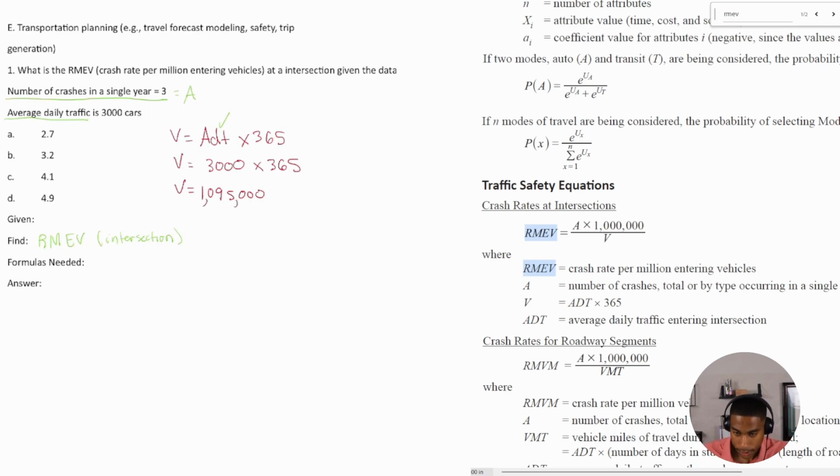All right, so now we have V, we have A, and we can solve for our crash rate per million, our RMEV.